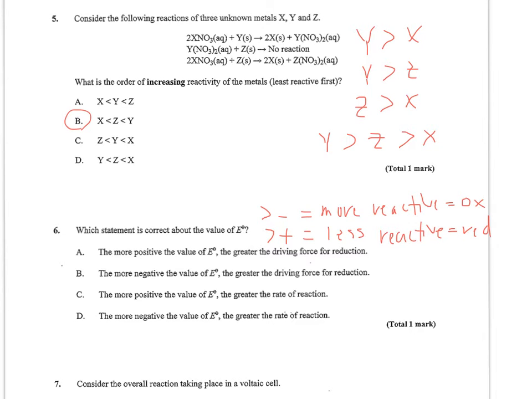So A and B are very similar. One says the more positive the value of E standard, the greater the driving force for reduction, and B says the more negative, the greater the driving force for reduction. Well, we just said the more negative, it's more reactive and more likely to be oxidized. The more positive is more likely to be reduced. And C and D try to make a connection between your standard electrode potential and the rate of reaction, which there is not one.